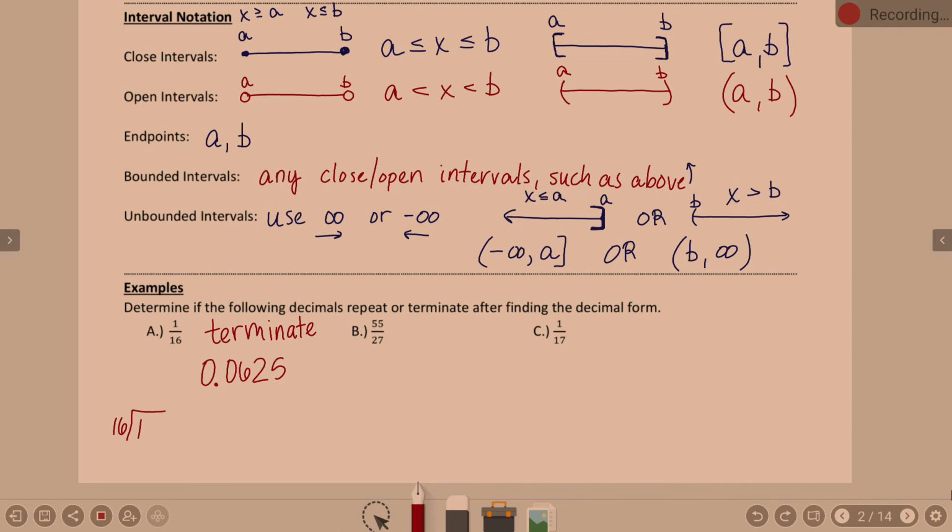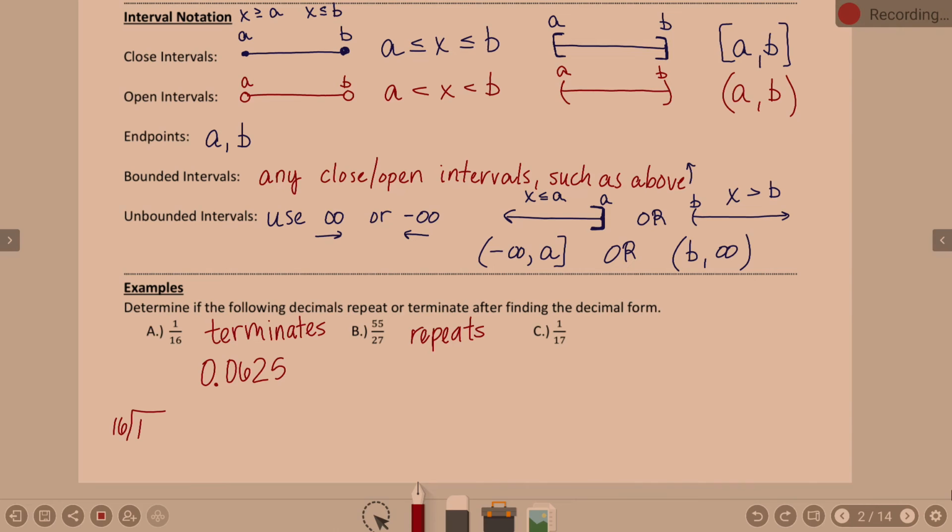Okay, what do you know about 55/27? It repeats. How can you tell it repeats? It's 037, 037. Does it end at 037? Yes, it stops.